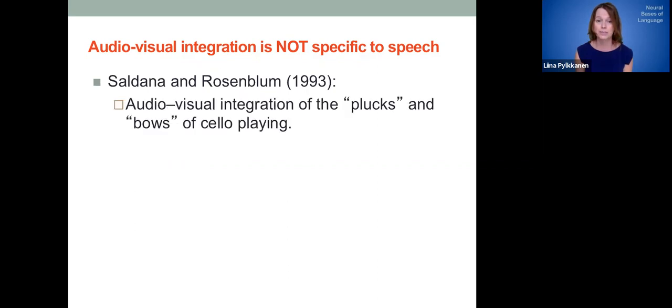So for example, Saldana and Rosenblum showed already in the early 90s that we can get these kinds of effects for musical instruments. So like during cello playing, you have pluck some bows, and you can mismatch the auditory and the visual stimulus and get a McGurk effect in this domain.